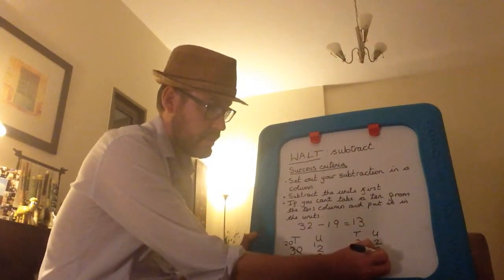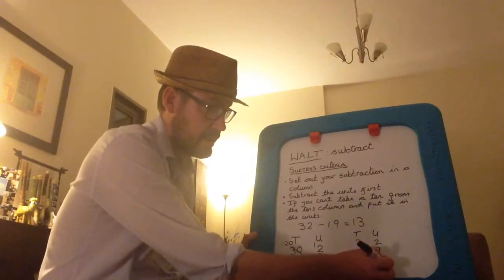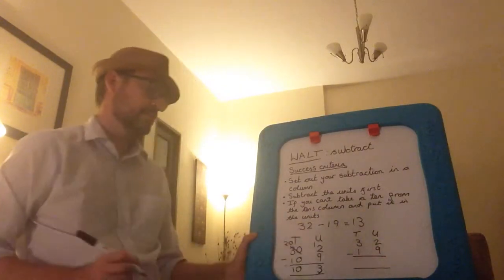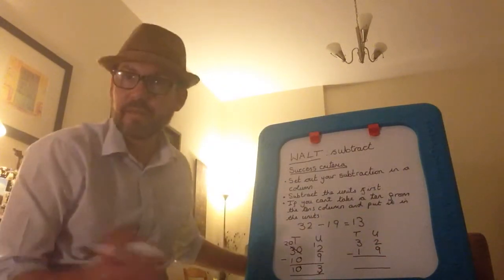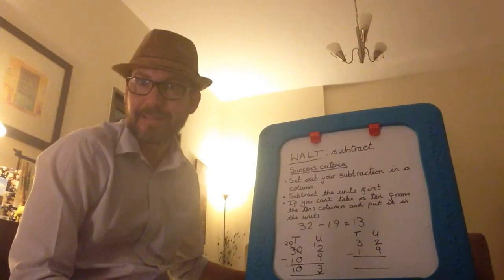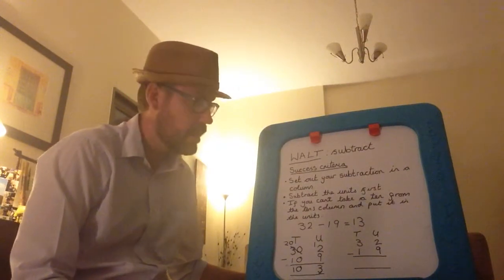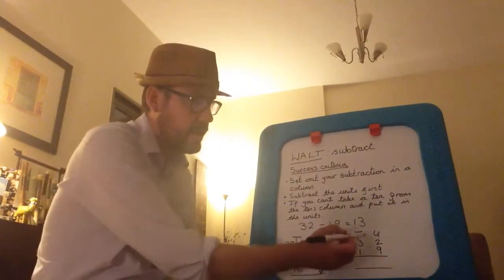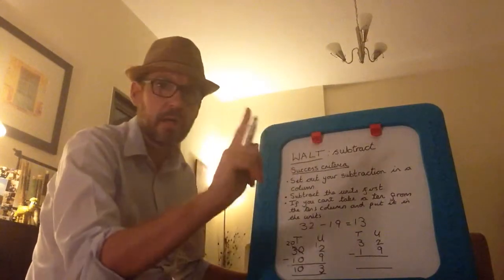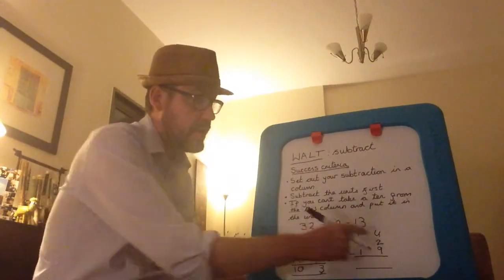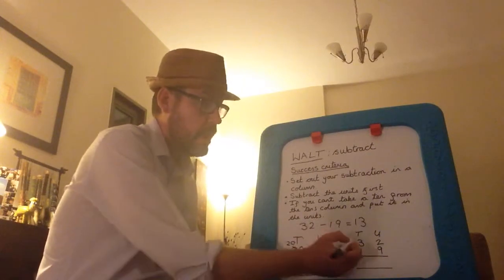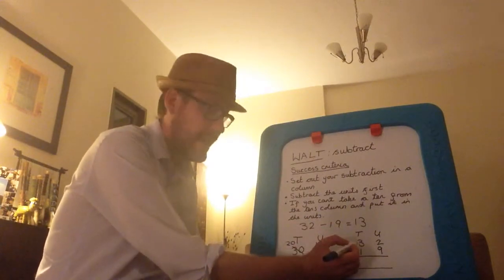Put the subtraction sign just in case I forget later what I'm doing. I don't want to be adding it, do I? Because I'm supposed to be subtracting it. And then we just do the same thing. 2 subtract 9, you can't do it. So you have to go over to the tens column and take a 10.